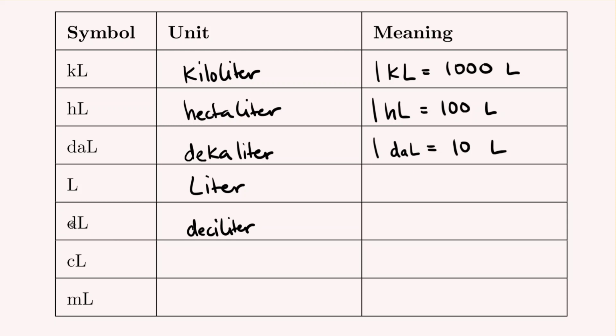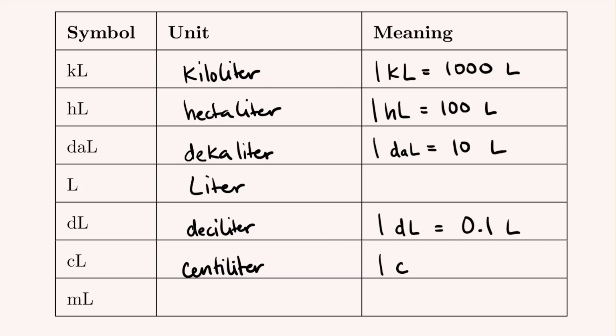indicated by the abbreviation dL. And deci is the idea of 1/10. So we have that 1 deciliter equals 0.1 liters. That is 1/10 of a liter. Centiliters, abbreviated by cL, represent 1/100th of a liter.